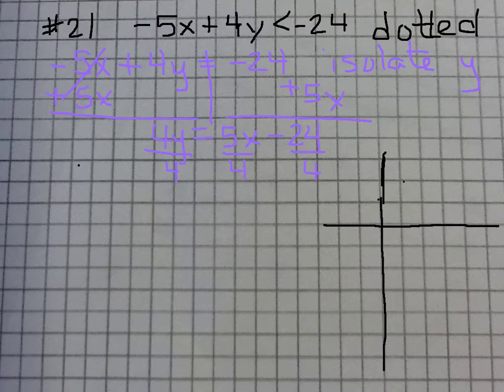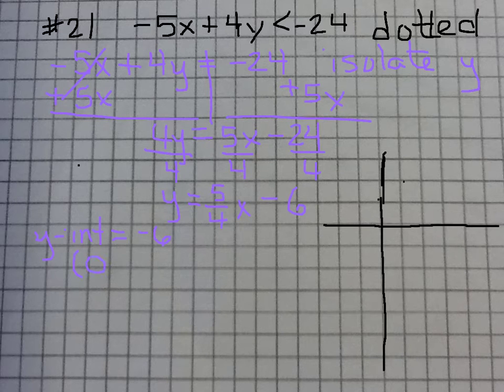And that gives me, of course, 4 over 4 is 1, 1 times y is equal to 5/4 x, and then 24 divided by 4 gives me a 6. Now I know my y-intercept is equal to negative 6.